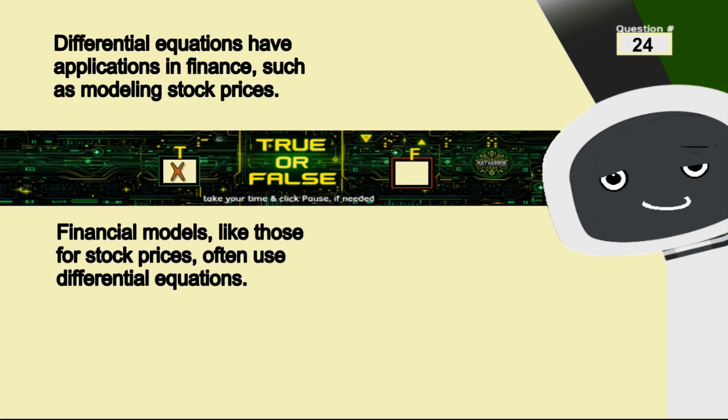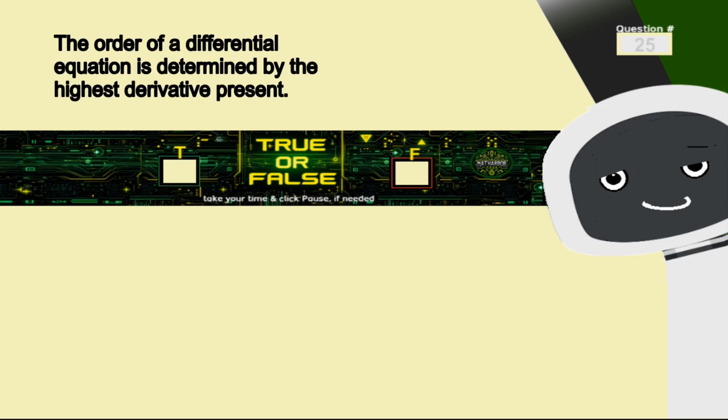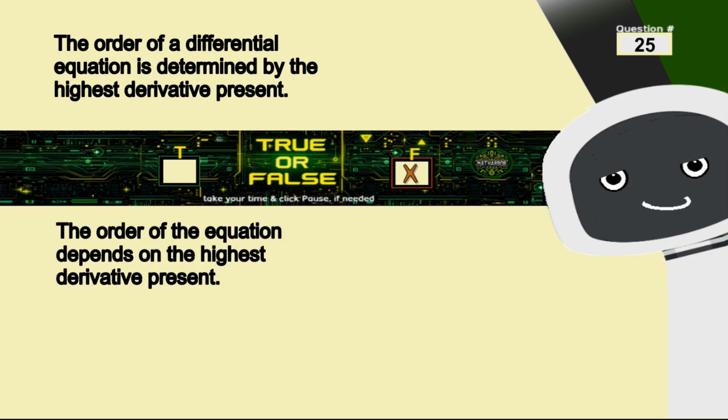That's true. Financial models, like those for stock prices, often use differential equations. True or false? The order of a differential equation is determined by the highest derivative present. That's true. The order of the equation depends on the highest derivative present.